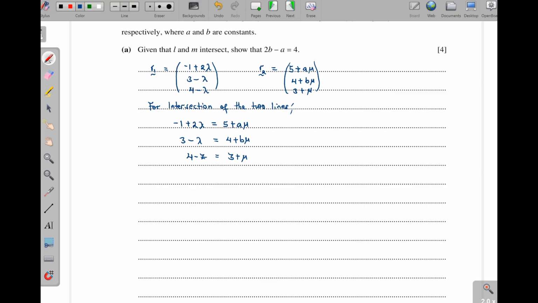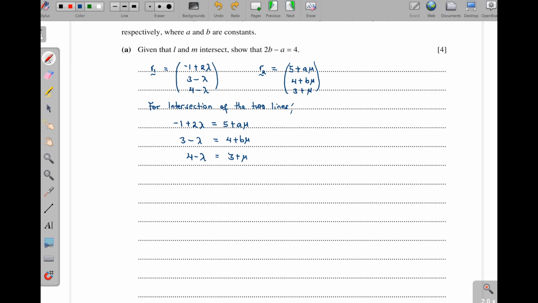Now, why did I write z? This one has to be lambda. Okay, that one has to be lambda. Now, right from here, I can actually eliminate lambda. Not so?